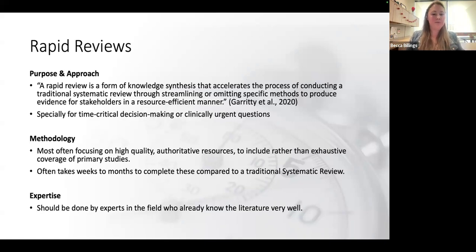So you're only maybe including guidelines or RCTs specifically, or maybe you're just looking at other systematic reviews and RCTs, just to speed up that process, so that the quality assessment is not going to take as long because you're already looking at authoritative sources. Rapid reviews really do not need to be done by students at all. They should be done by experts in the field who already know the literature very well.